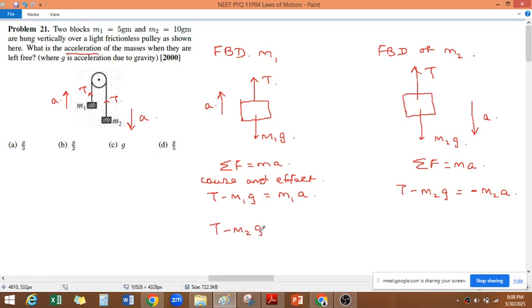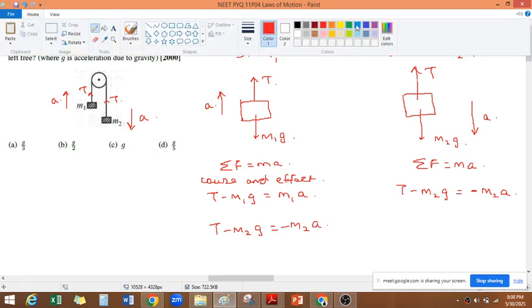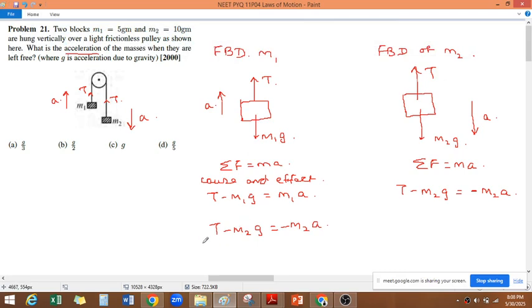So I said I'm going to eliminate T, so I'm going to change the signs. M2 minus M1 into G is equal to M1 plus M2 into A.